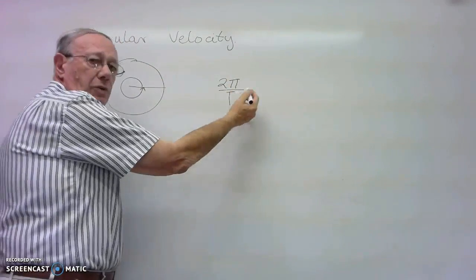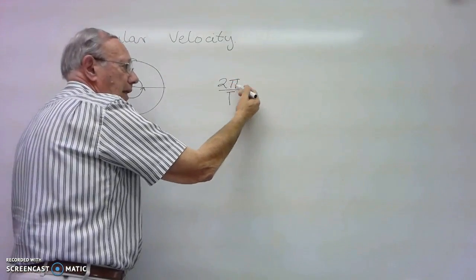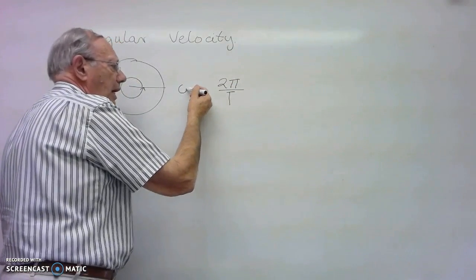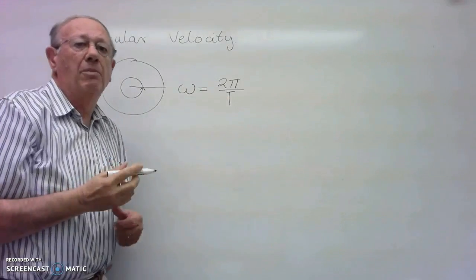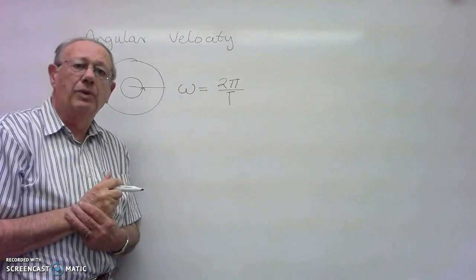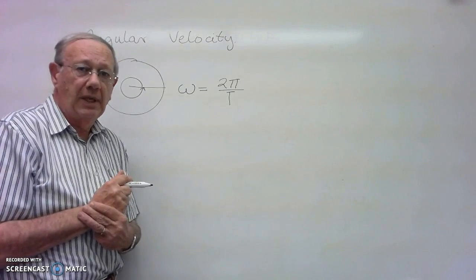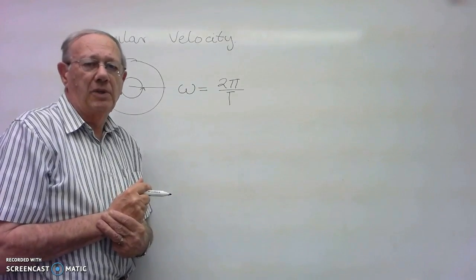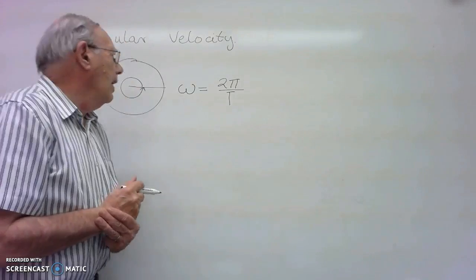So it's moving through 2 pi radians in one revolution. This is what we call the angular velocity: how many radians per second it moves through. The other units for angular motion are, of course, revolutions per second or degrees per second. Well, we don't think about degrees per second. They're pretty useless. Not that I've got anything against degrees, but okay.